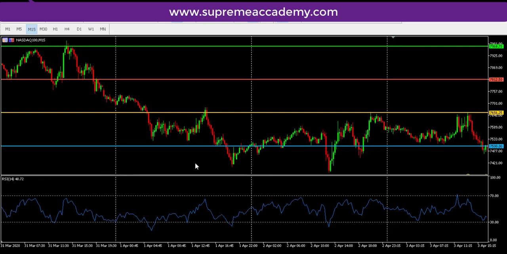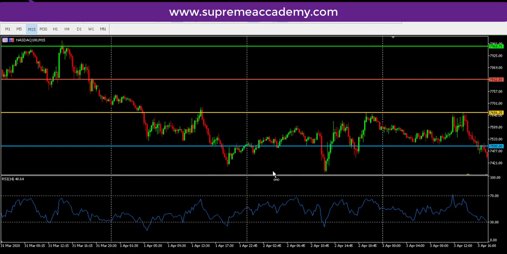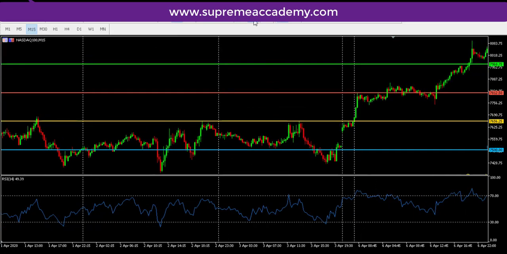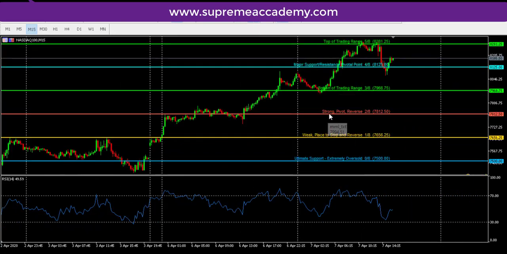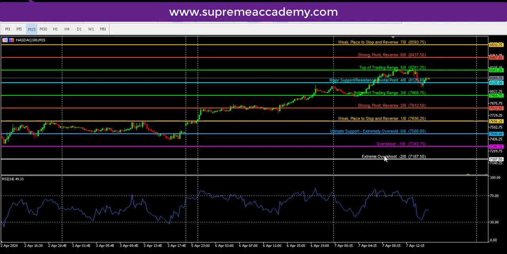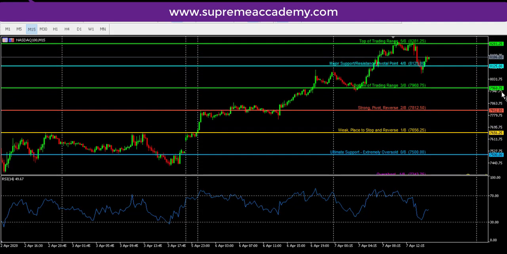Somebody was calling me. So as I was telling you, this indicator is very simple. When the price comes to a certain level, you will always see your indicator like that: strong pivot, reverse, ultimate support. So when it breaks the extreme overshoot, the indicator will recalculate everything and draw other levels.